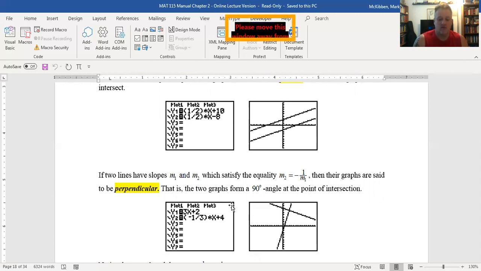It's the negative of the reciprocal of the slope you already have. Same way, if you know your line has a slope of negative 4/3, then any line perpendicular to it would have to have a slope of positive 3/4. It's always the negative of the reciprocal of the slope that you have. If that's the case, the two lines intersect in a 90-degree angle, which means they're perpendicular.